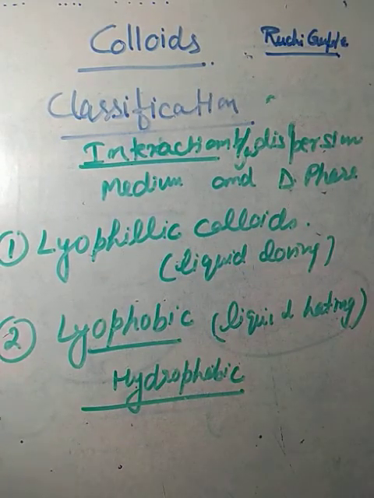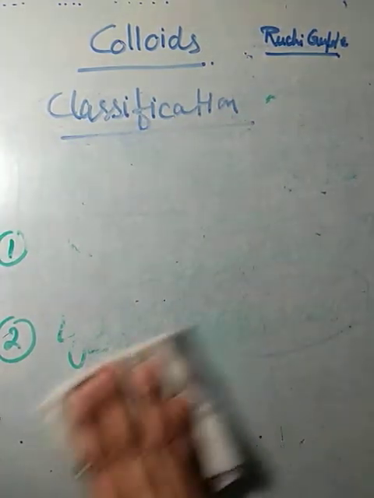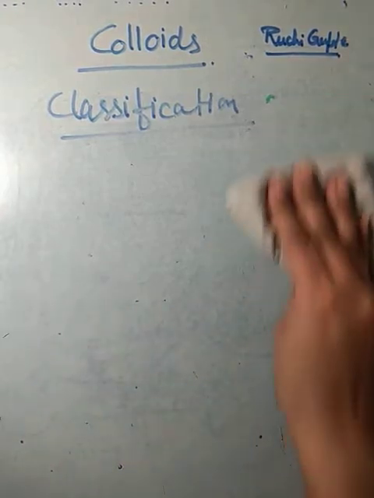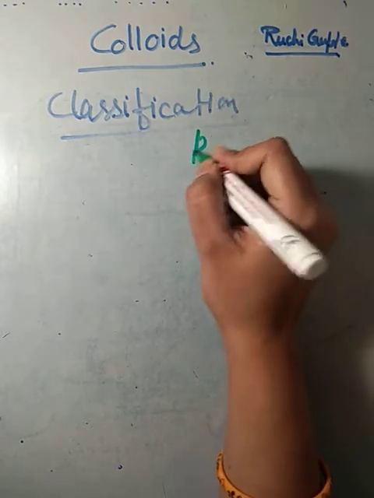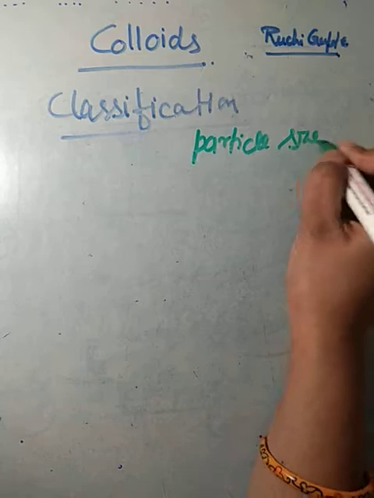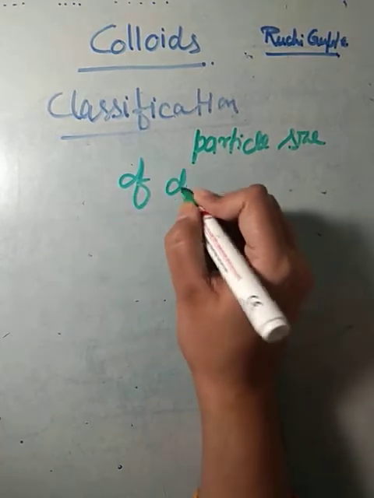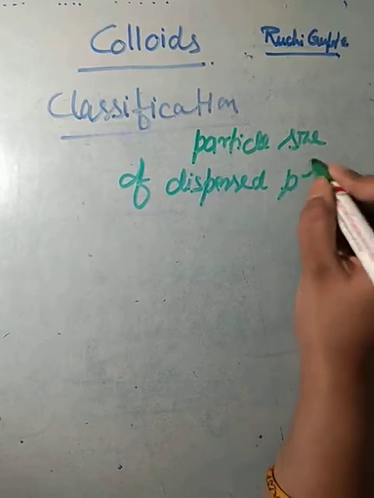Now we'll come to the third classification, which is based on the type of particles of the dispersed phase. So here we'll study the third and the last classification, which is based on particle size of the dispersed phase.